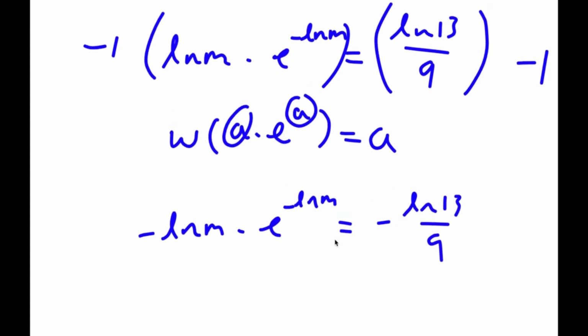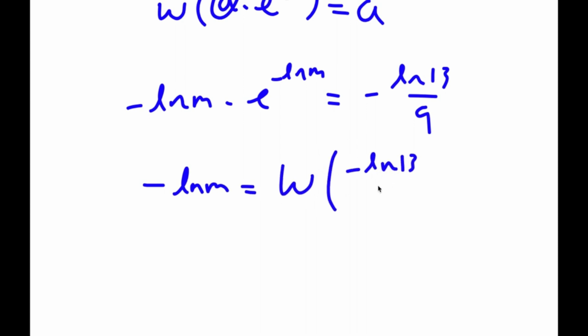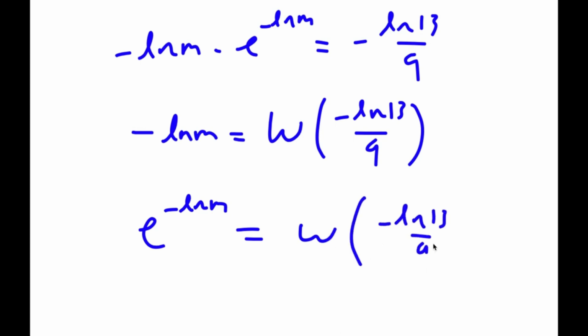Now if I take the W-Lambert function on both sides, I get negative ln m is equal to w of negative ln 13 over 9. And now I'm going to take e to the power of both sides. So now I have e to the power of negative ln m is equal to w of negative ln 13 over 9.